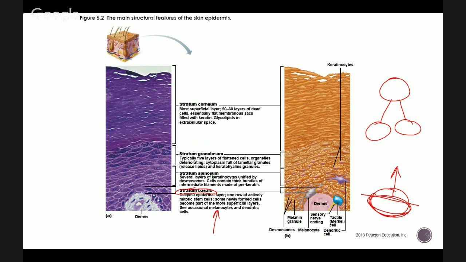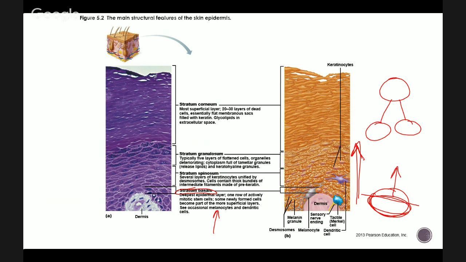So you have this basal layer of mitotic stem cells that are constantly dividing and pushing cells upward. The cells are constantly being sprouted off upward, and they make their way toward the surface.